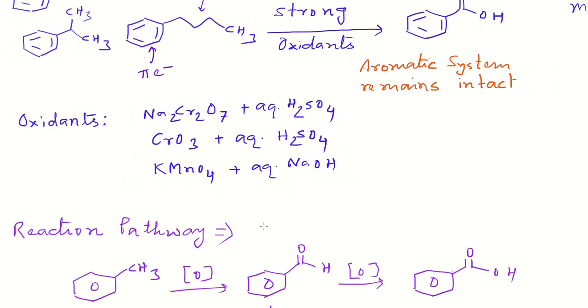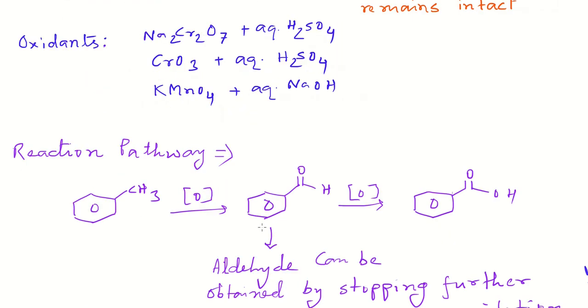Okay, so what is the pathway of this reaction? The main intermediate of this oxidation reaction is the aldehyde. First, the aromatic hydrocarbon is converted into the corresponding aldehyde, and then further oxidation takes place and the aldehyde is converted into the corresponding carboxylic acid.